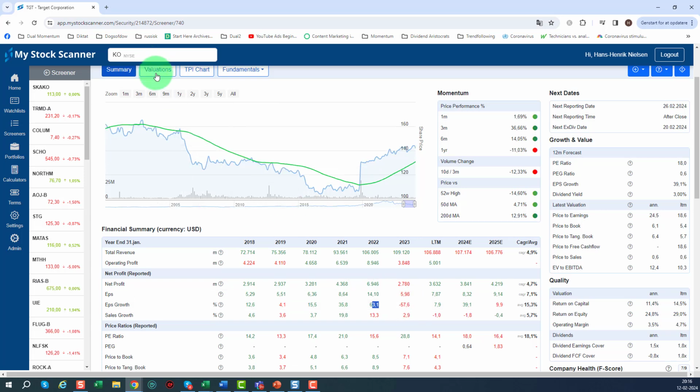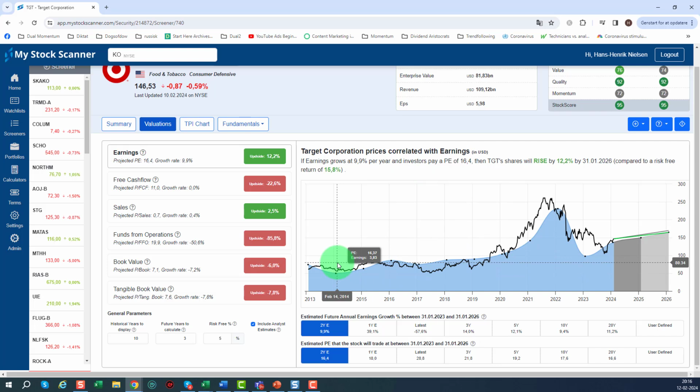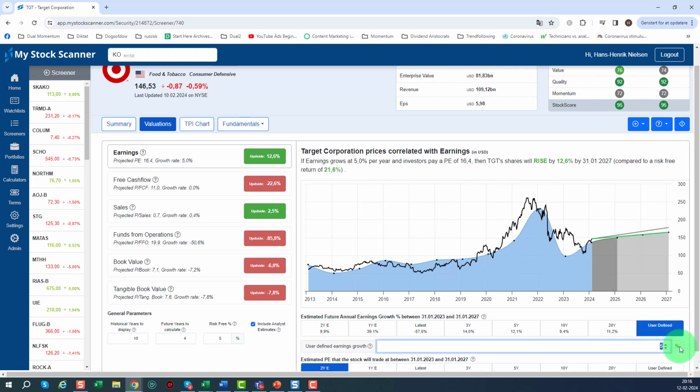But let's go into the valuation chart and have a look at this. Because when we're looking at this, we can see the latest drop in earnings. We can see that they are expected to make a good growth here in 2024, some in 2025. And if we go out just another year, we can add another 10% just for the sake of it.